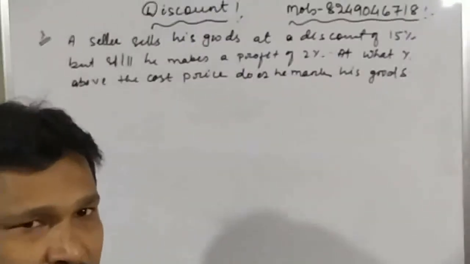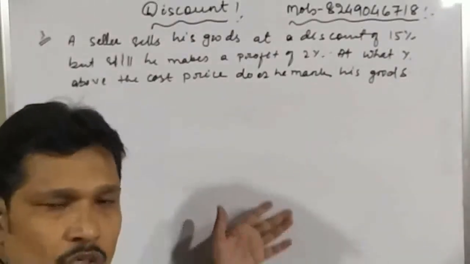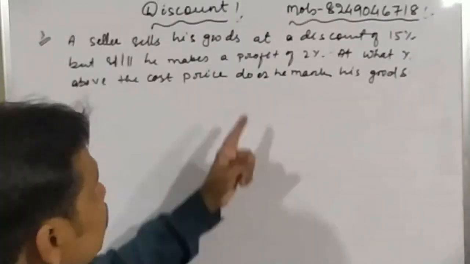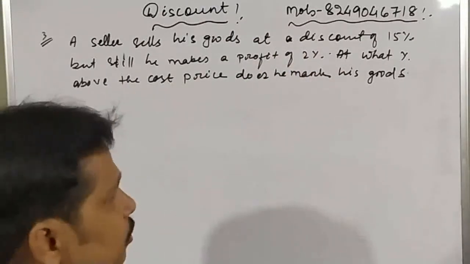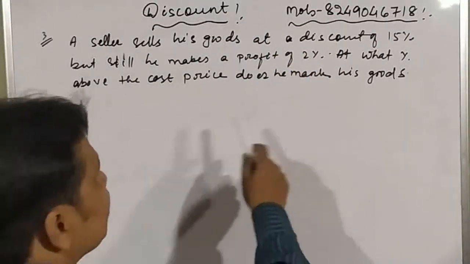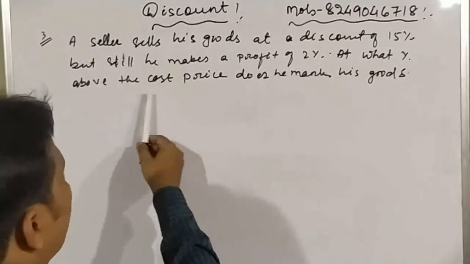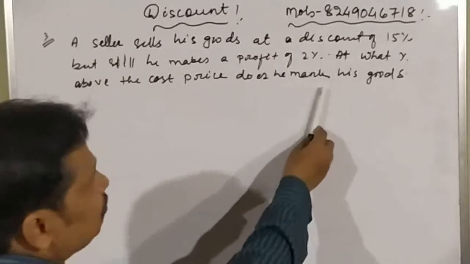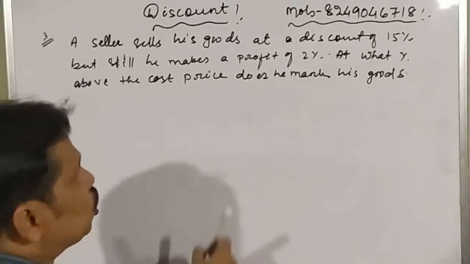So we have to first take some assumptions: let the cost price be X, or we can assume the mark price be X. Okay, student. At last the question asks, at what percentage above the cost price does he mark? So what percentage above the cost price?